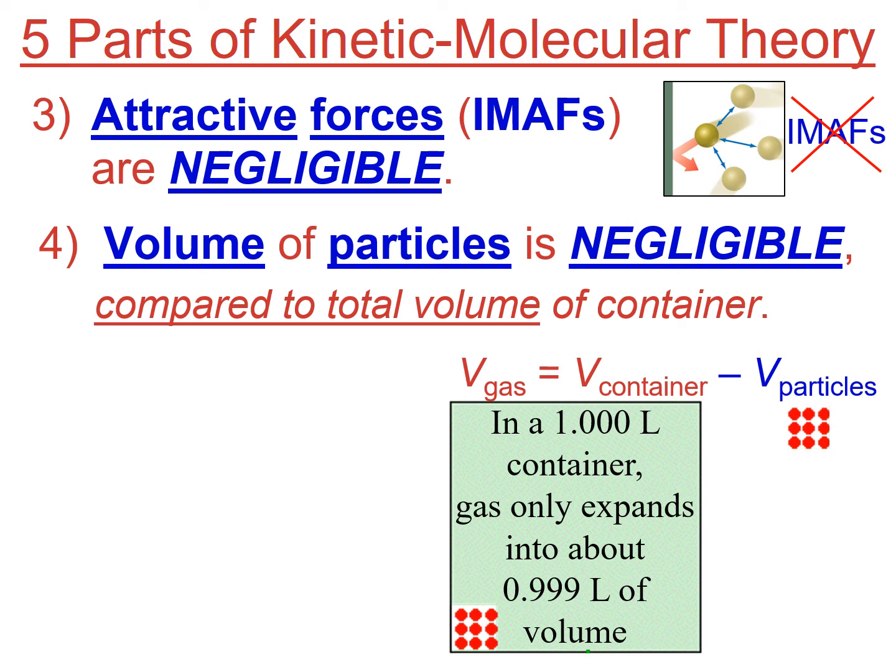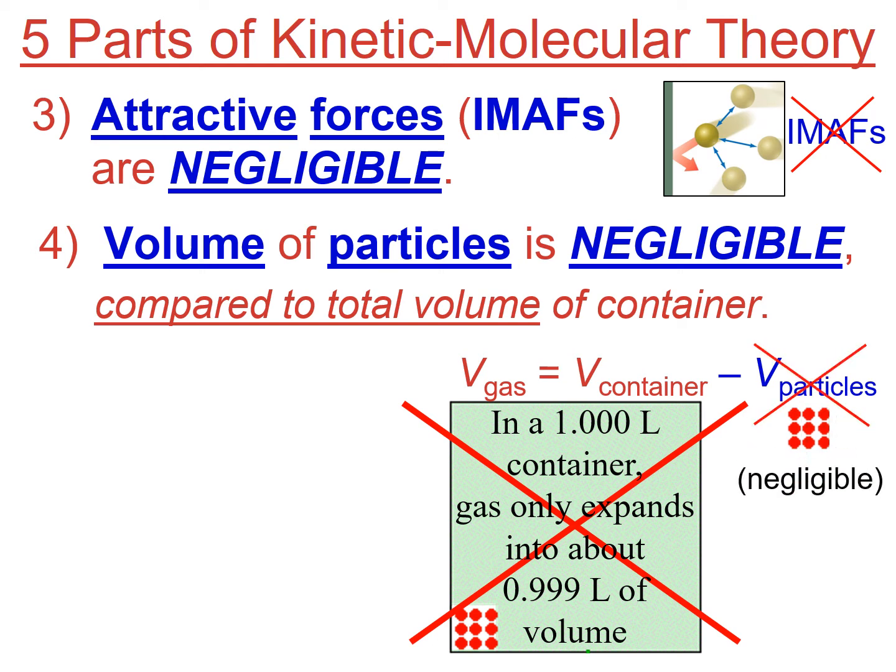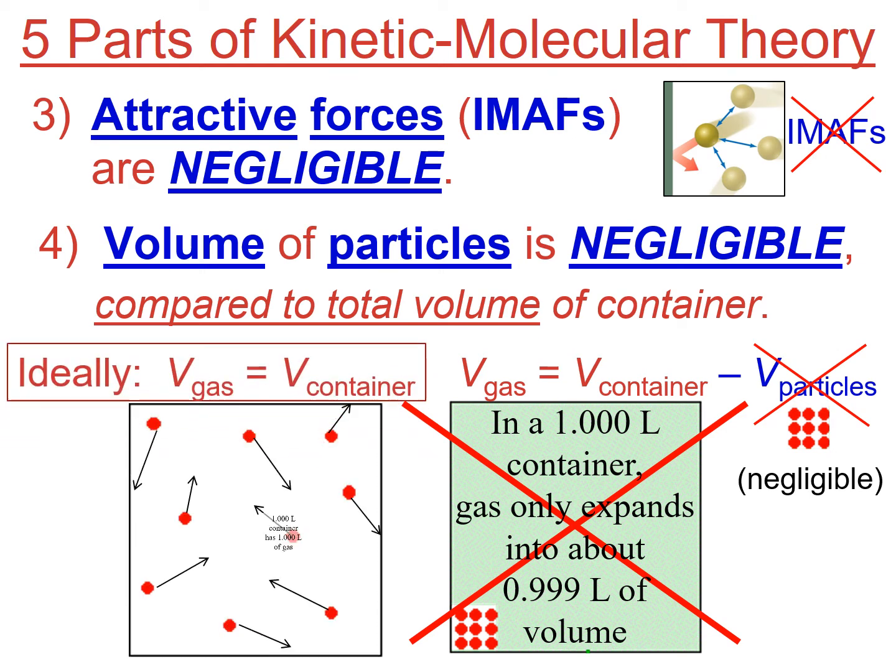The particle term is x'd out here. Negligibility, here expressed mathematically. Ideally, the volume of the gas is equal to the volume of the container, but of course we know there's no perfection here, now, do we? A 1 liter container has 1 liter of gas, but we know that's not exactly so.